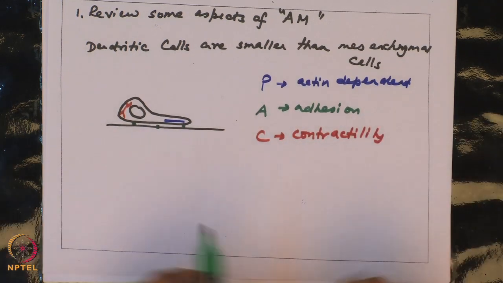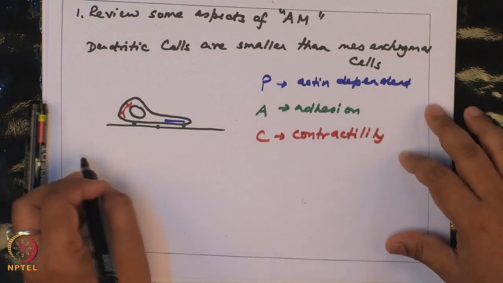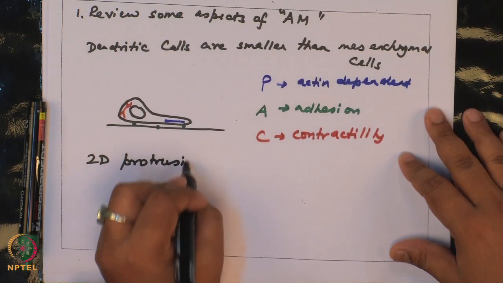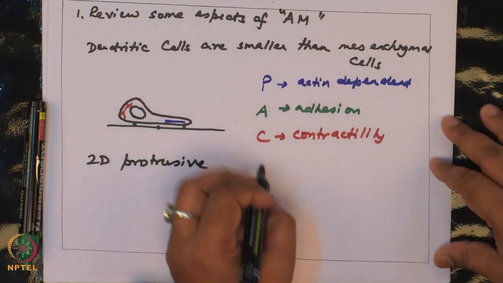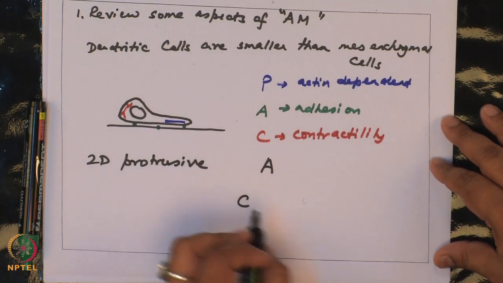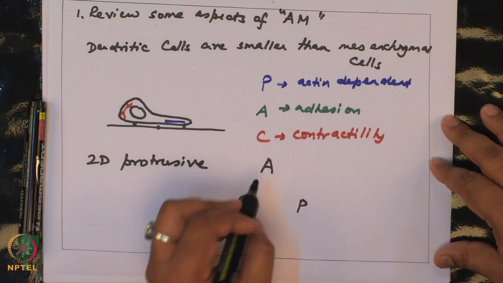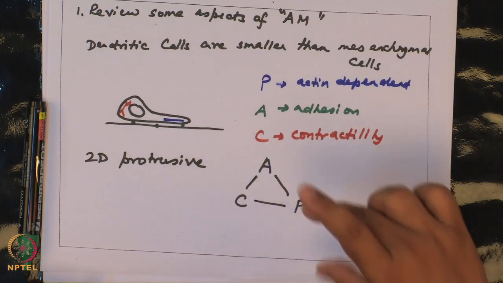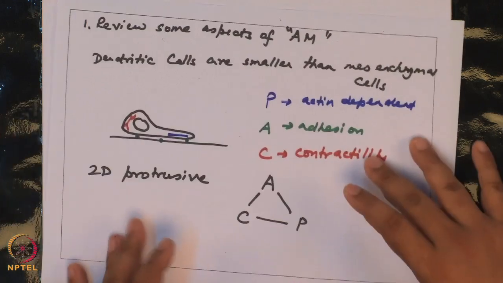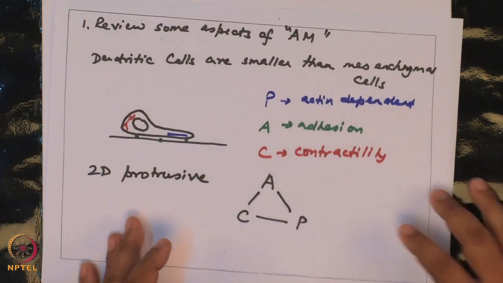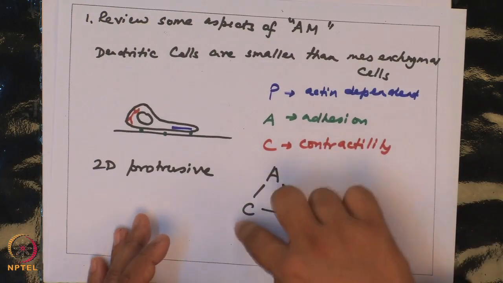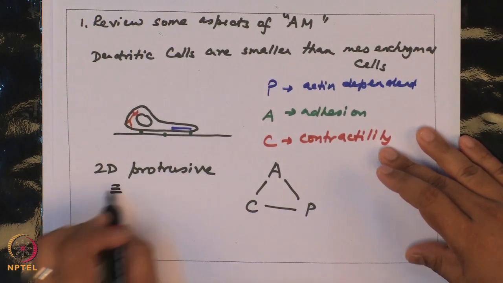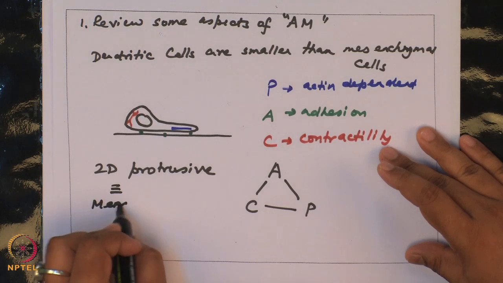So, a 2D protrusive mode can be drawn in the following way. You have 3 different aspects of it: protrusion, adhesion and contraction. When all 3 are dominant, this is almost equivalent to mesenchymal migration.